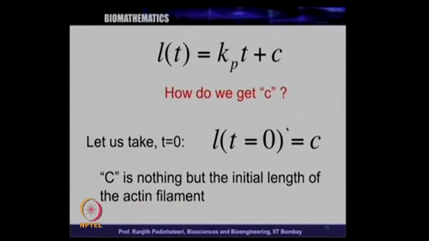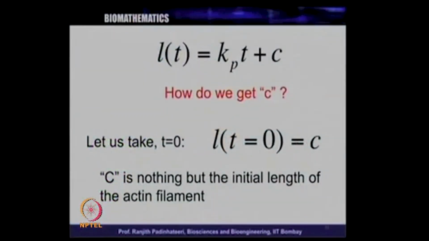If you are doing an experiment, you have an actin or polymer with some length to begin with, you add things and let it start polymerizing. Whatever the length is when the polymerization starts, you can call it the initial length. So, c is nothing but the length at t equal to 0, the initial length of the actin filament.